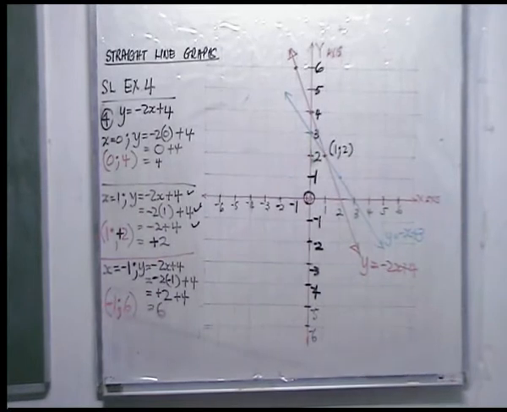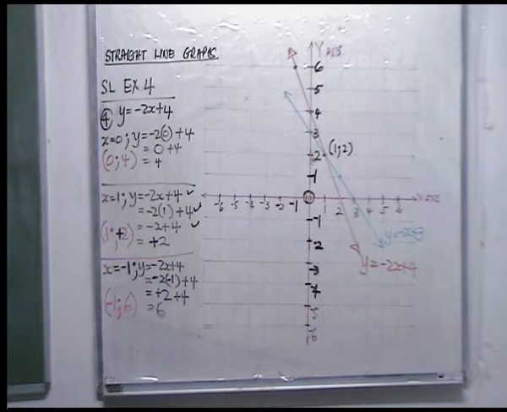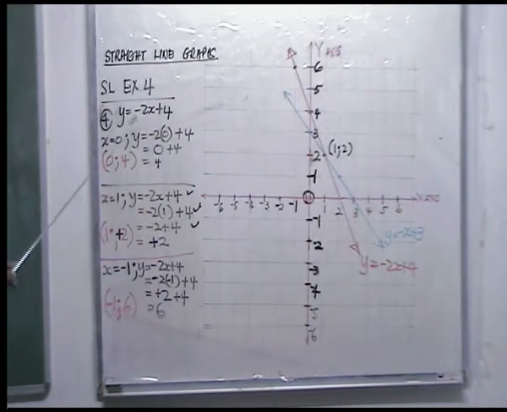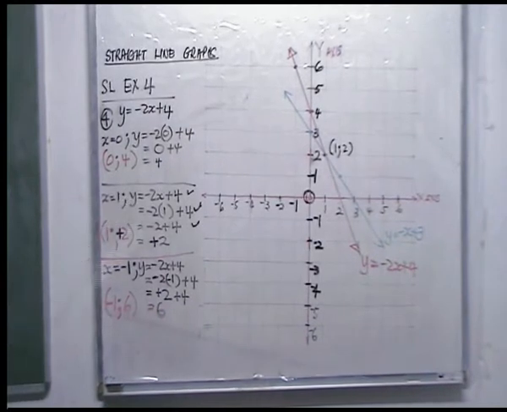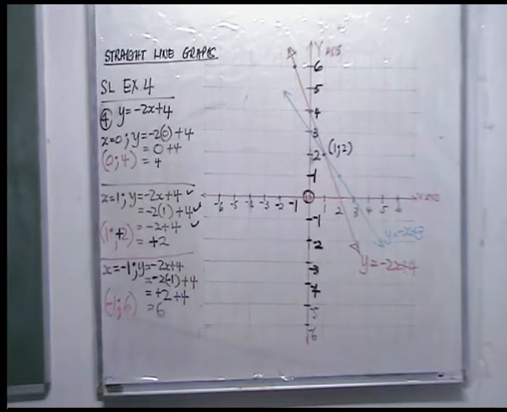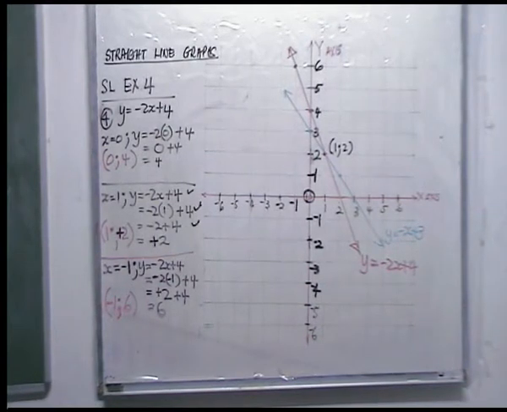Alright, so I think you've done enough examples now on how to draw straight line graphs using ordered pairs, provided that the equations are given to you in standard form, right? So in the next lesson, which we're going to call, I think, lesson 4, we're going to give you graphs which are not in standard form, and you're going to learn how to bring them to standard form and then do the graphs.